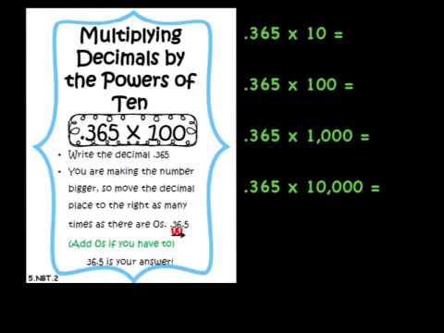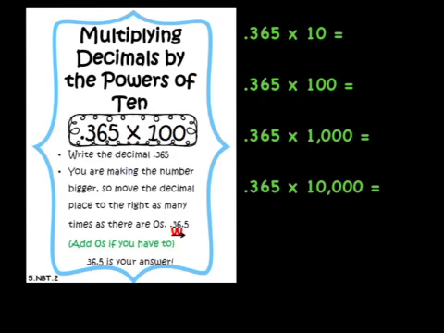You will move your decimal one place to the right, which is going to be 4 and 5 tenths, because 4 units is bigger than 0 units. So 4 and 5 tenths is larger than 45 hundredths.